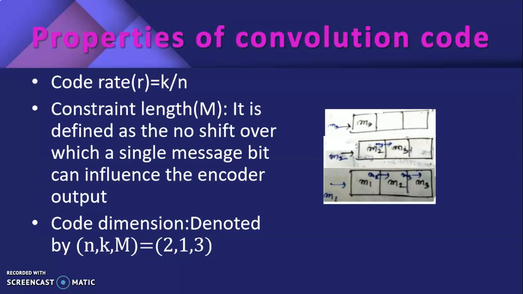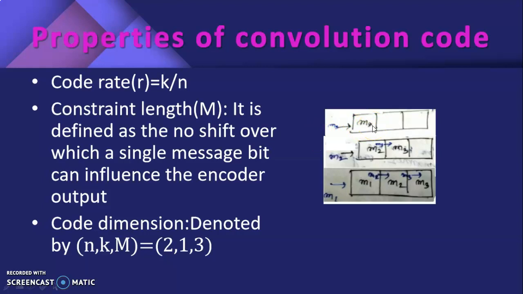Now comes the constraint length M. Initially all the bits in the shift register are 0. Whenever an input is entered into the shift register, it is stored in the first location of the shift register, which is denoted here.